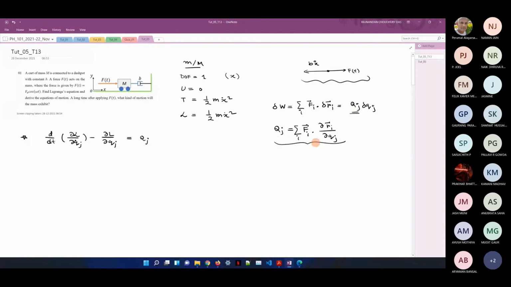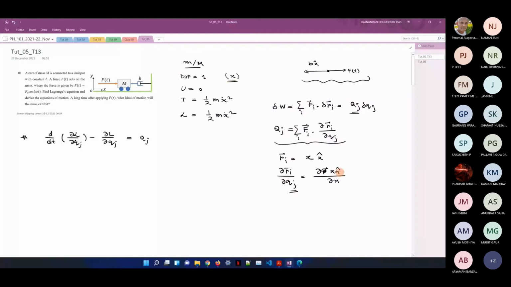Okay. Now for our question, any position vector of this cart can be written as r i equal to simply x x cap. So del r i by del q j will be simply equal to d of x x cap divided by dx, because our generalized coordinate is x.